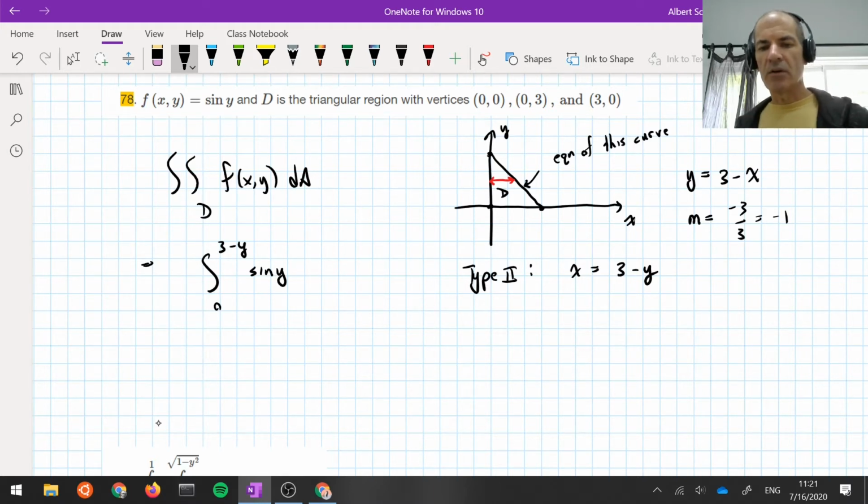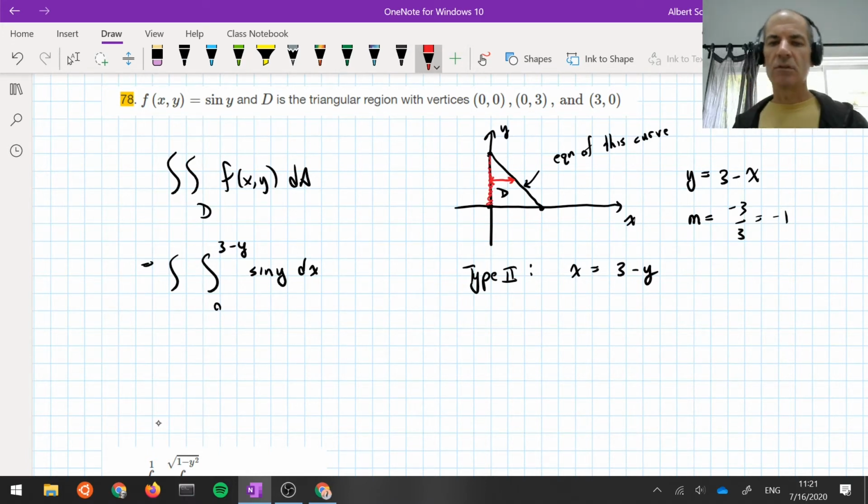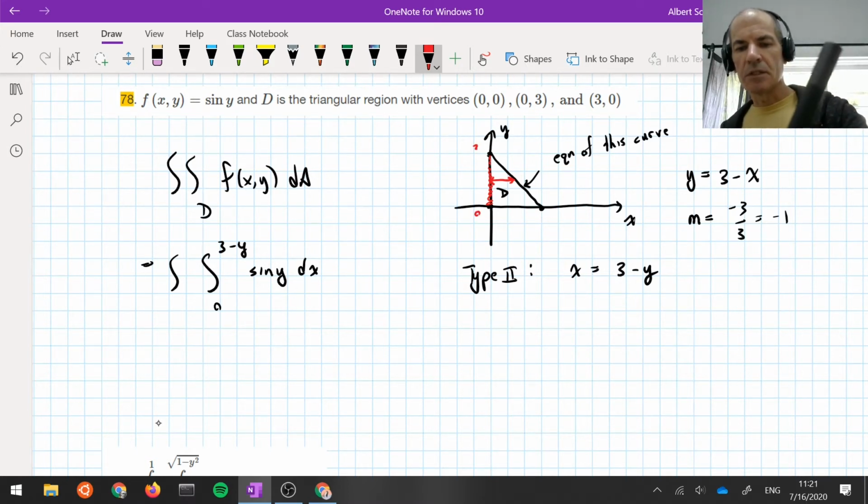When we're integrating horizontally first as type 2, we're doing dx first. The outer limits of integration, that's dy. What would you get if you smashed this region onto the y-axis? You would cover this interval on the y-axis, and that interval goes from 0 up to 3. So the outer limits are 0 to 3.